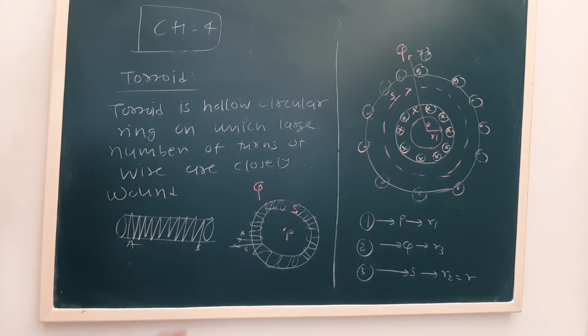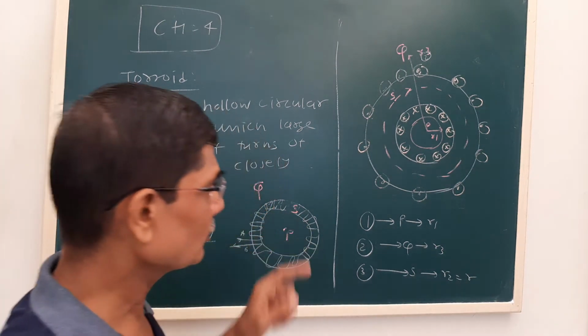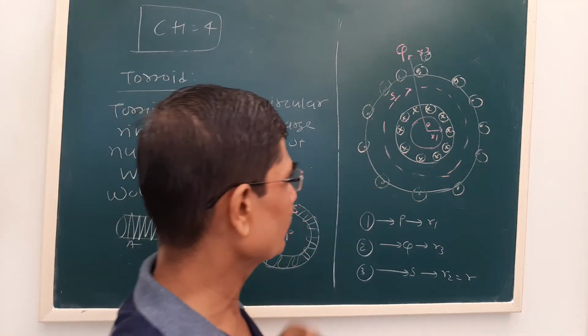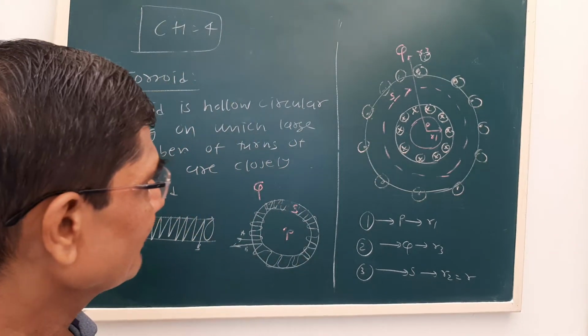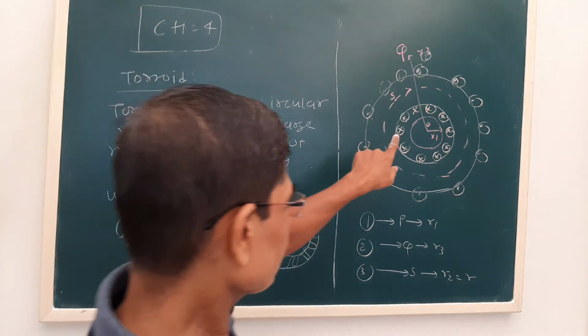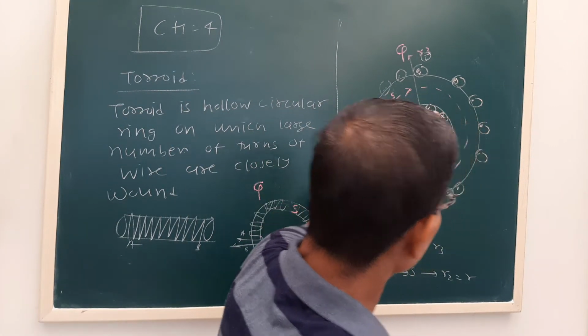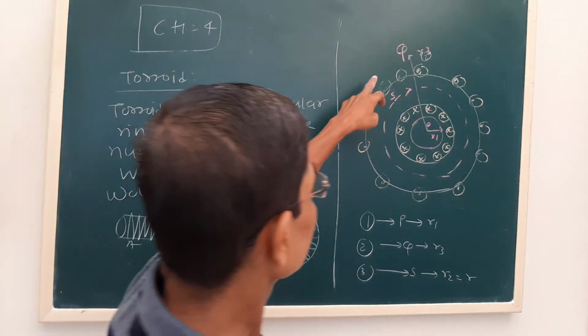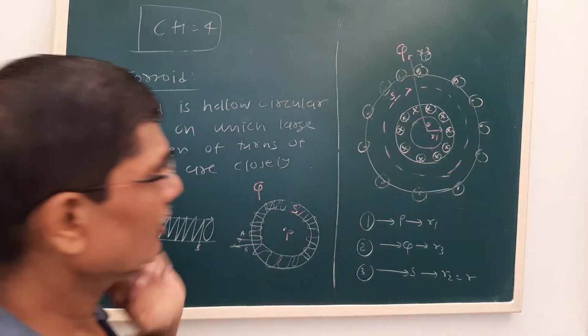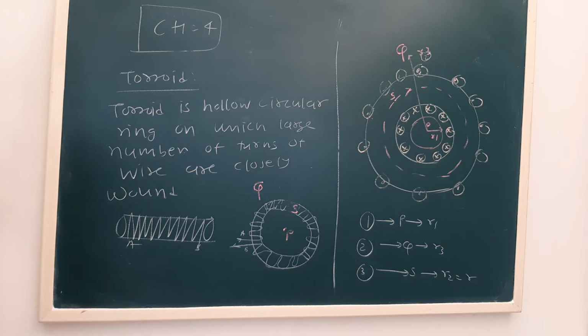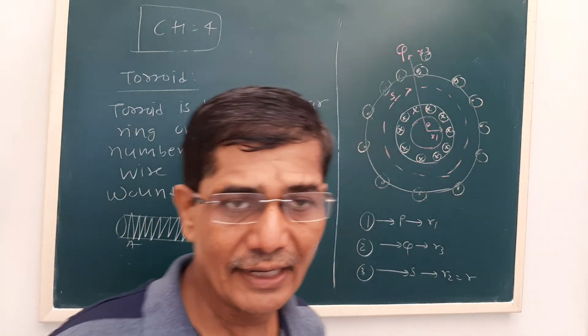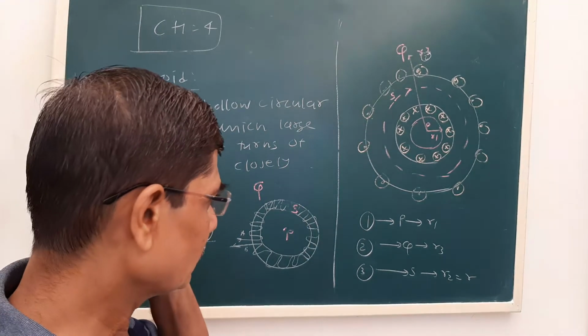Now this is a toroid. Now this is a cross section of a toroid. We can see this part, the magnetic field is going inside the plane, and here it is coming out of the plane. Now by using Ampere's circuital law, we derive the value of the magnetic field due to the toroid.